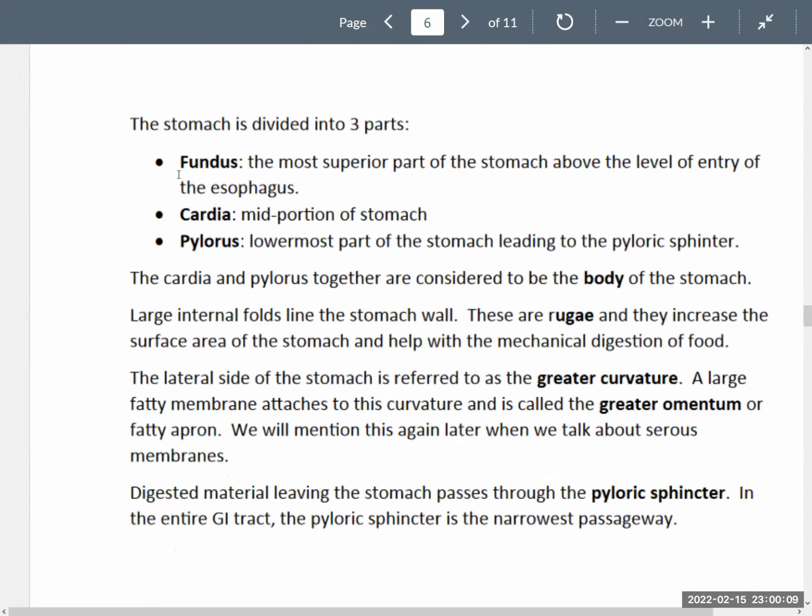Okay, so here are the three parts of the stomach: fundus, cardia, pylorus. I said all this so we can just move right past that. The cardia and the pylorus, not the fundus, those two are considered to be the body of the stomach.